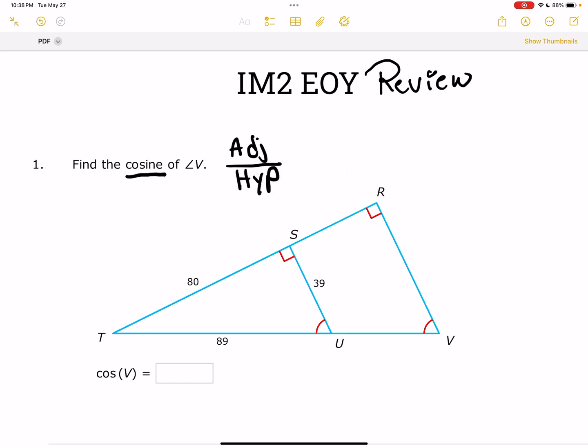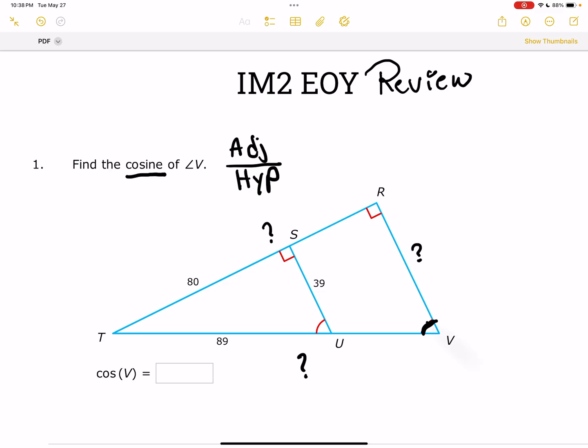Now, if I look at my figure, it's a little bit complicated, but it's not that bad, I promise. They're asking me to find the cosine of angle V. Well, the problem is I don't know how much these sides are, right? They don't tell us.